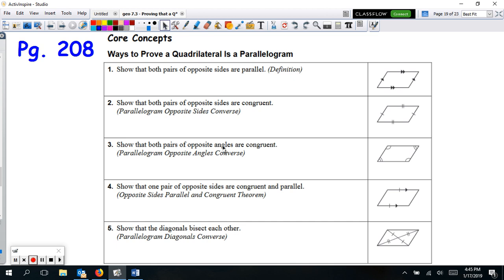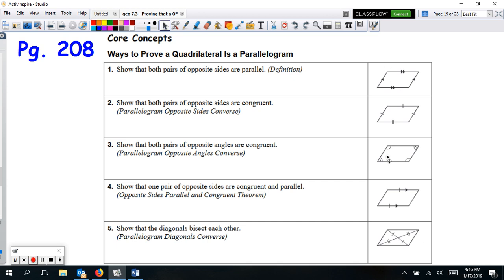Show that both pairs of opposite angles are congruent. Those were the parallelogram opposite sides or opposite angles converse theorems. We can also show that one pair of opposite sides are congruent and parallel. So that would also be another way. And number 5, we can show that the diagonals bisect each other. So that was that parallelogram diagonals converse.